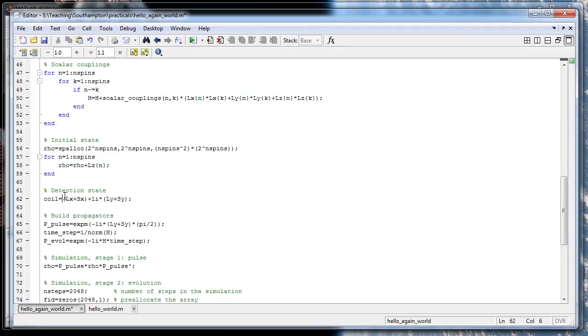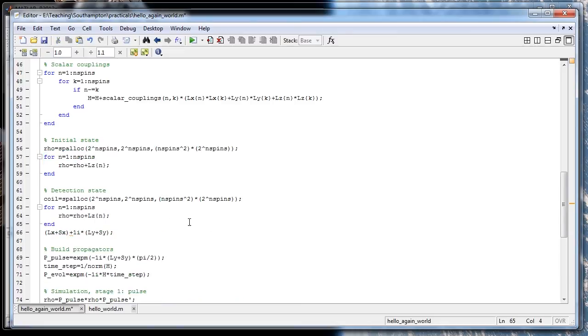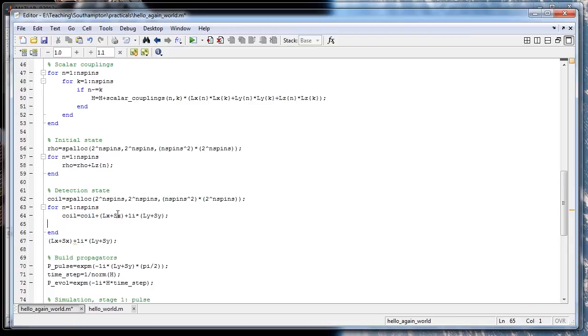We have to pre-allocate our coil because it is now a sparse matrix. So there goes, and we have to write a for loop which is quite similar to the one here, except it will be referring to the coil state, and it will be the coil state plus this little thing on every spin.